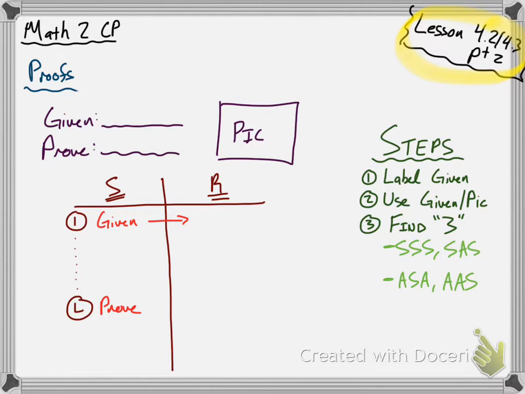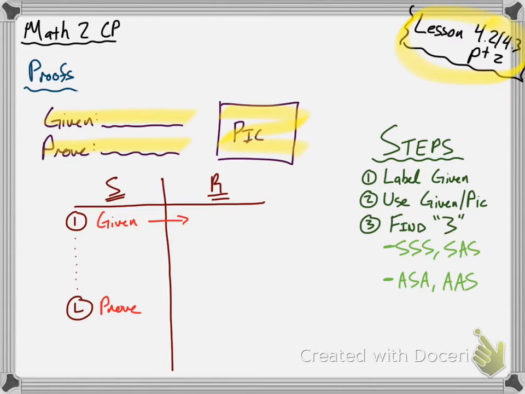A proof is going to be a problem that has some information that is given to you. A lot of times we have a picture, and then we are asked to prove a particular statement.